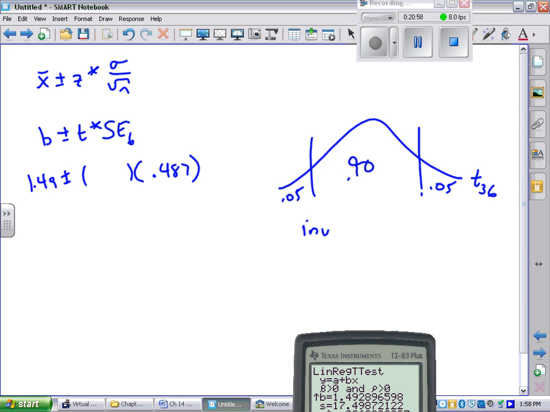Under distribution, there's an inverse t function, and the arguments would be 0.05 and 36. Now you could also use your chart to do it. Your chart might not have this row of degrees of freedom, so if it didn't, you would have to slide up the row until you got to 30 degrees of freedom. But if you have this function, you see the t star is negative 1.688.